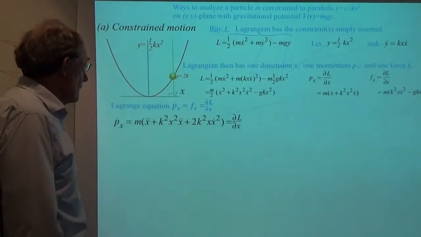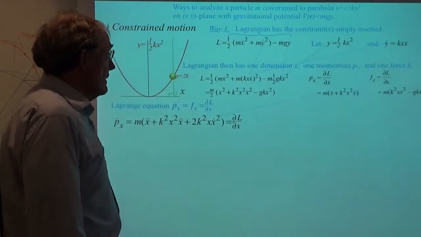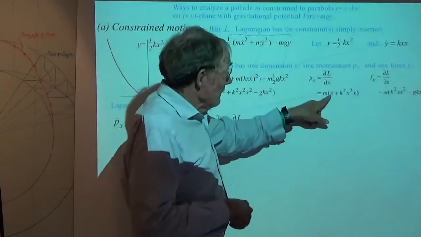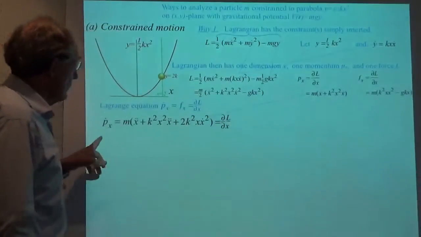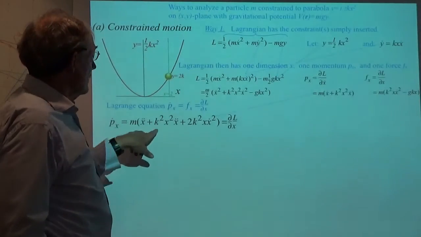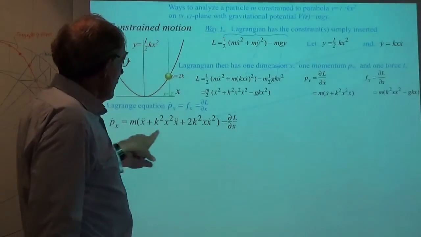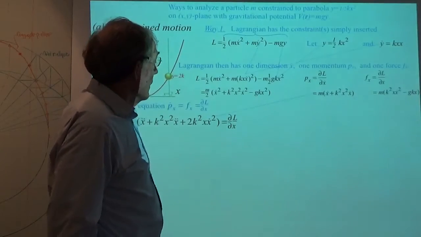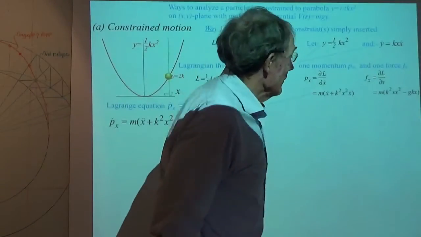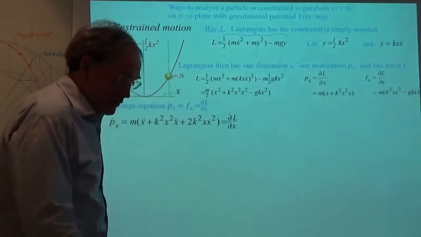So what we do is take the time derivative of the momentum. Remember when we went through the first time we used Lagrangians, this was sort of toward the end of the calculation, and setting that equal to the partial derivative of L with respect to x, namely that weird force there.